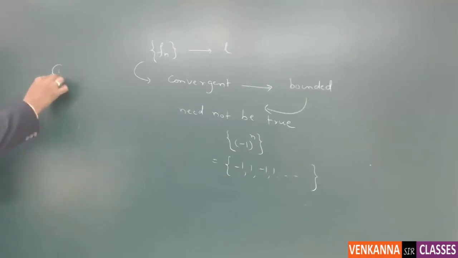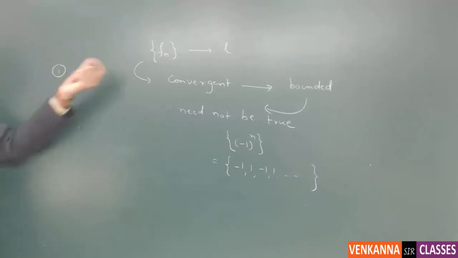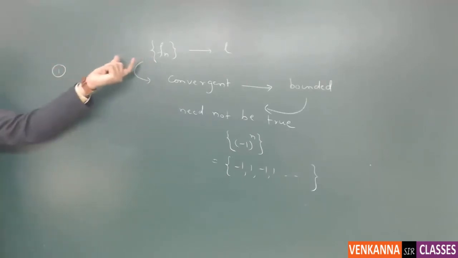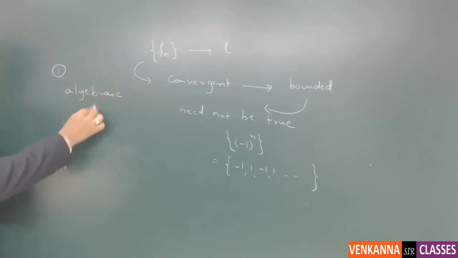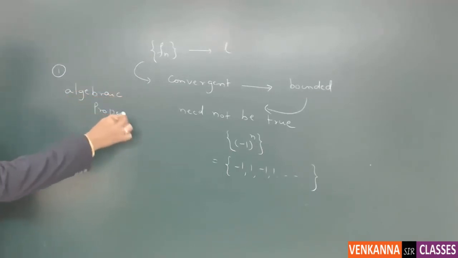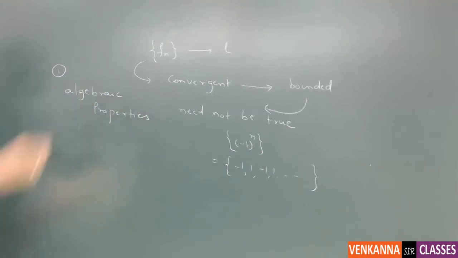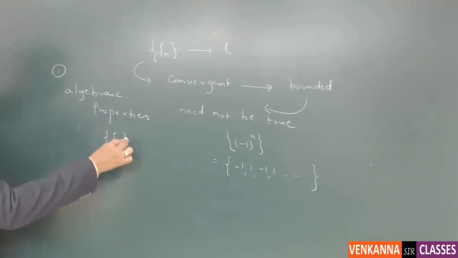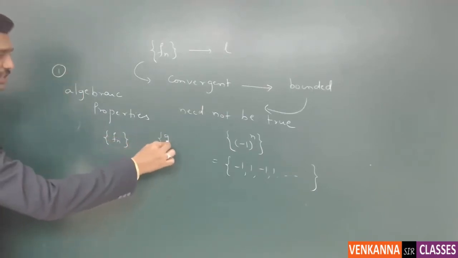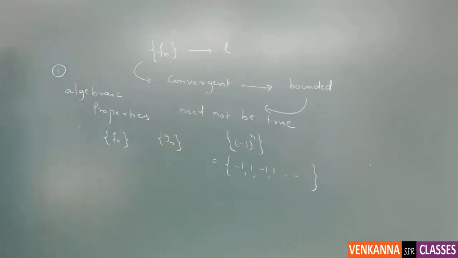One other property is that the limits of sequences satisfy the algebraic properties. Say you have two sequences, Fn and Gn, and both are convergent.